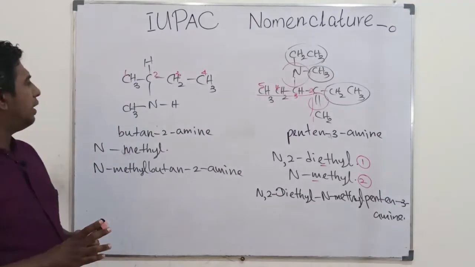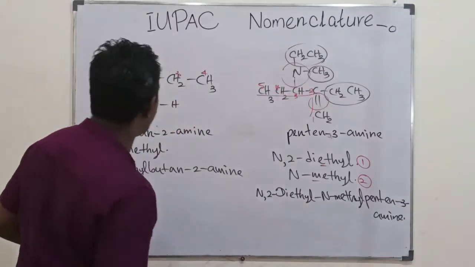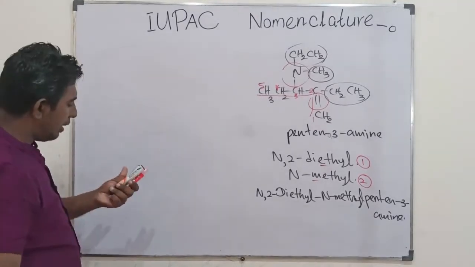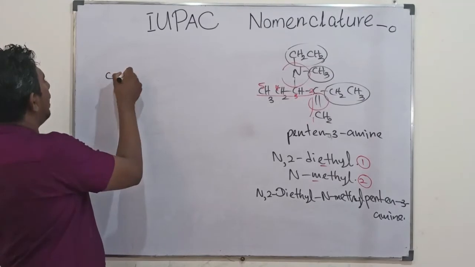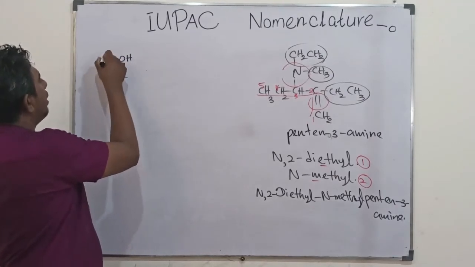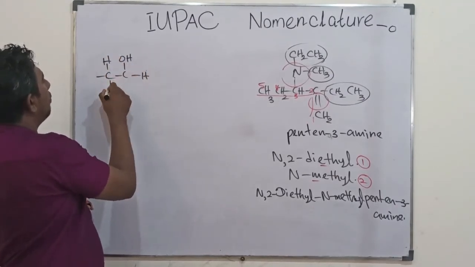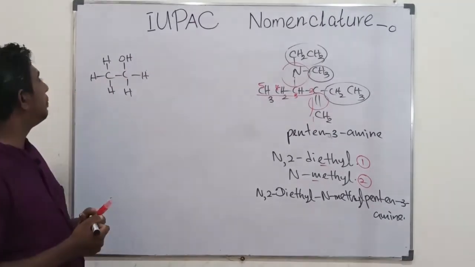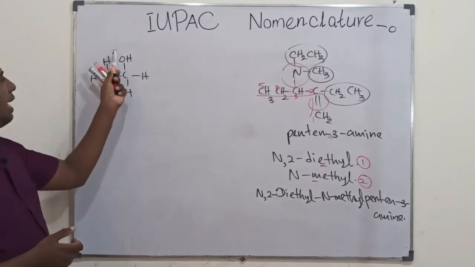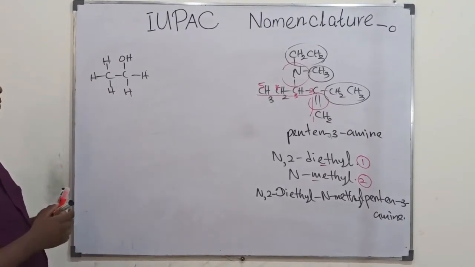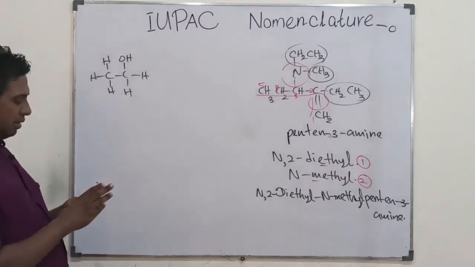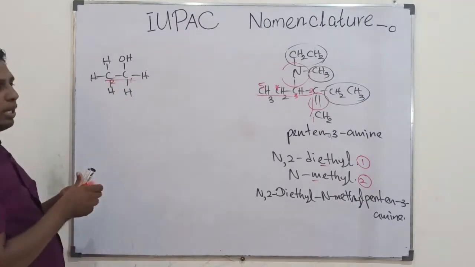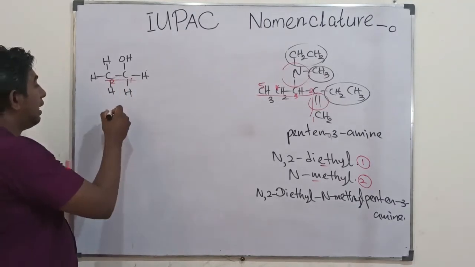Okay. Then students, I'm going to consider another one. This time we'll take a compound like this, having an OH group. What do we call it? The only functional group you have within the molecule is an alcohol. These are called alcohols. The carbon chain is this, you number it as 1, 2. So it has two carbons, it's eth.